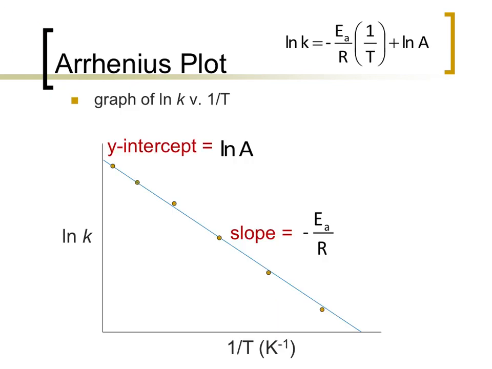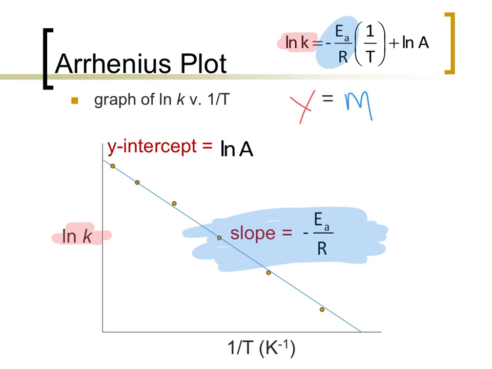Finally, this is what our graph would look like to plot the Arrhenius data. On the left-hand side, we have the ln of K, which is our y value. The next thing that we have is our slope, which is the negative EA over R, this part right here.